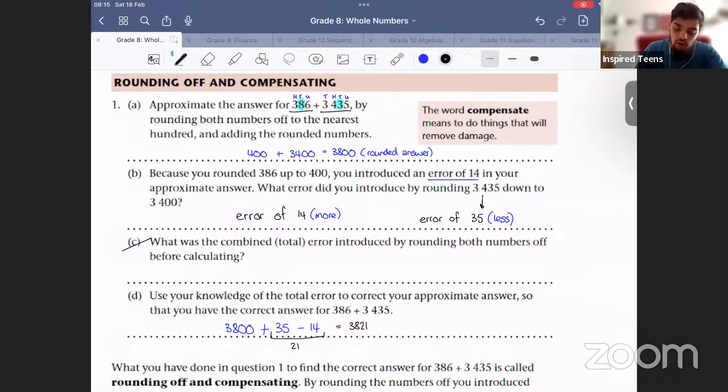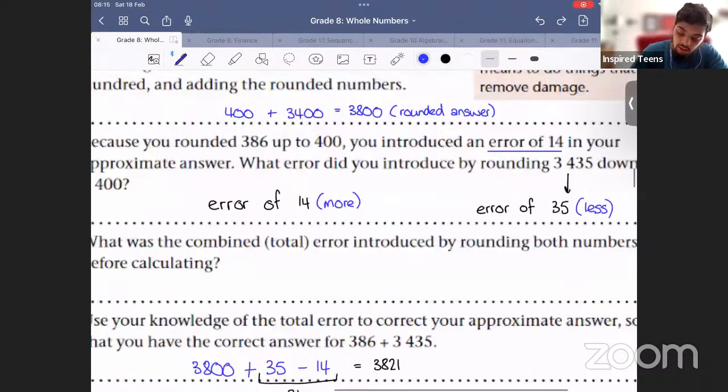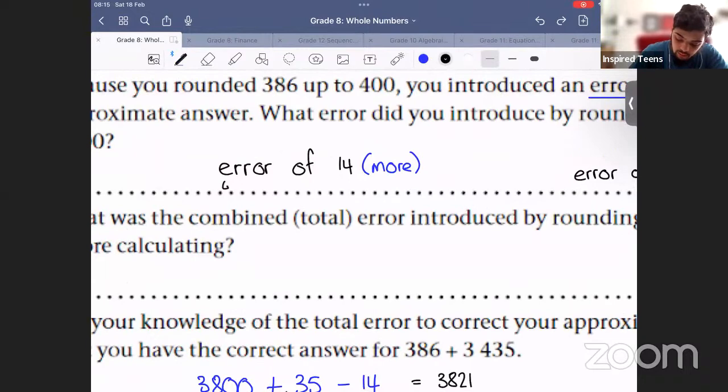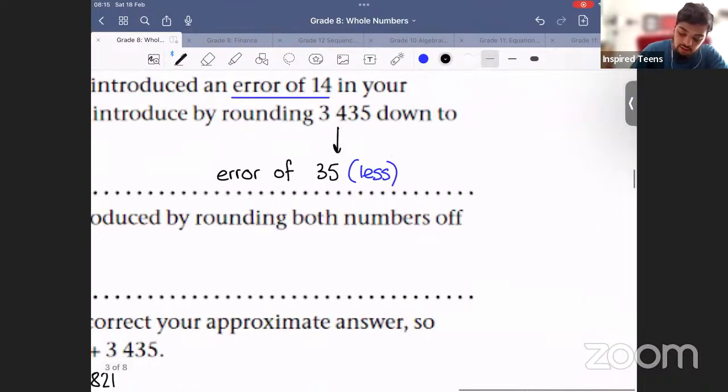In the case where you have more than you should have, you need to subtract from the rounded answer. In the case where you have less than you should have, you need to add to the rounded answer.